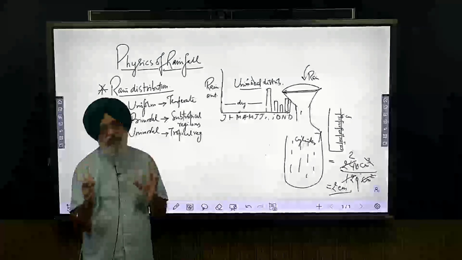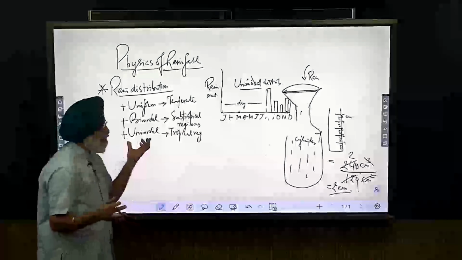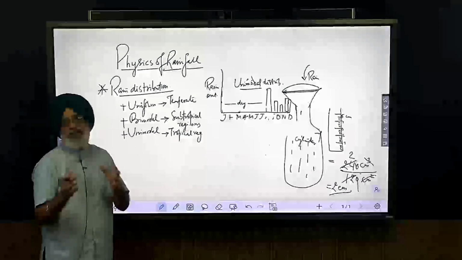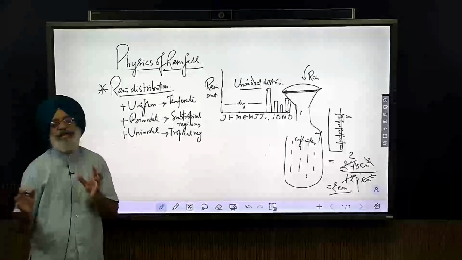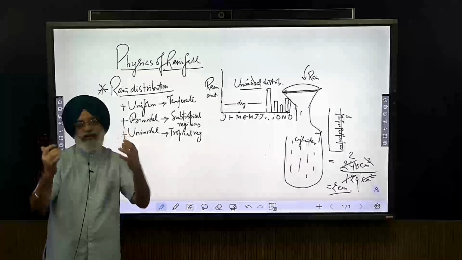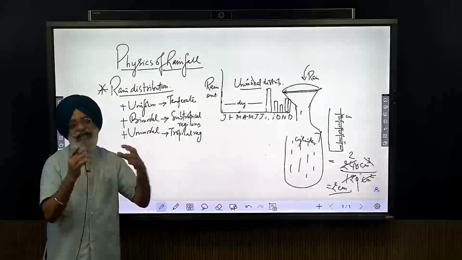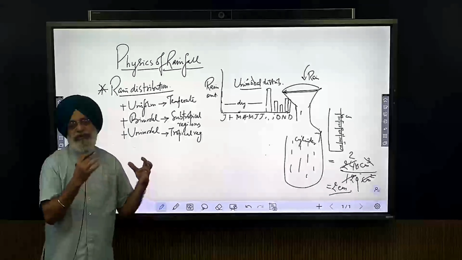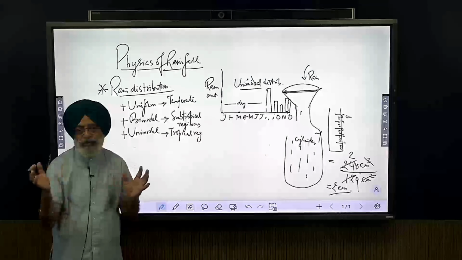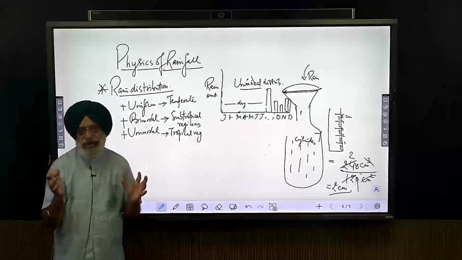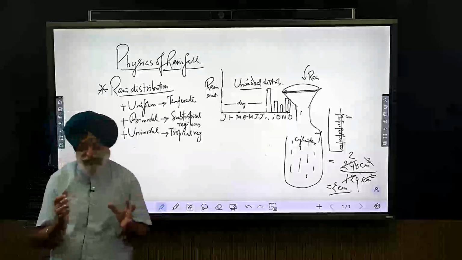So fair distribution even during that particular period, whether it is unimodal, bimodal, or uniform, rain should be spread over the 90 days period at least. That will be less erosive also, and it is agriculturally beneficial for the crops. If distribution over a particular period is not good, then from an agriculture point of view this will not be a desirable practice.